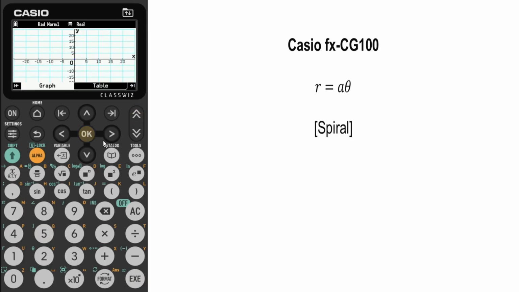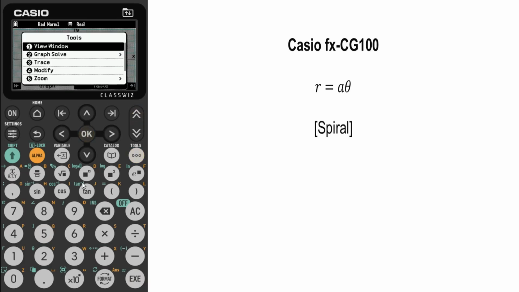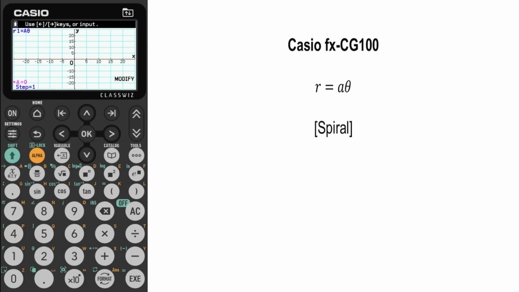Let's draw this graph. Let's press the tools key and the fourth option for modify, and let's vary a. You can see as we vary a, we end up with the spiral.